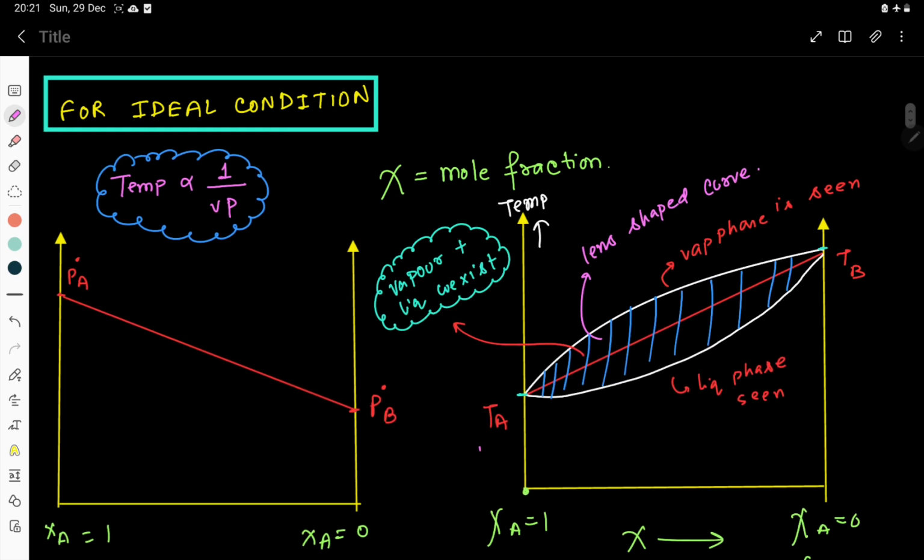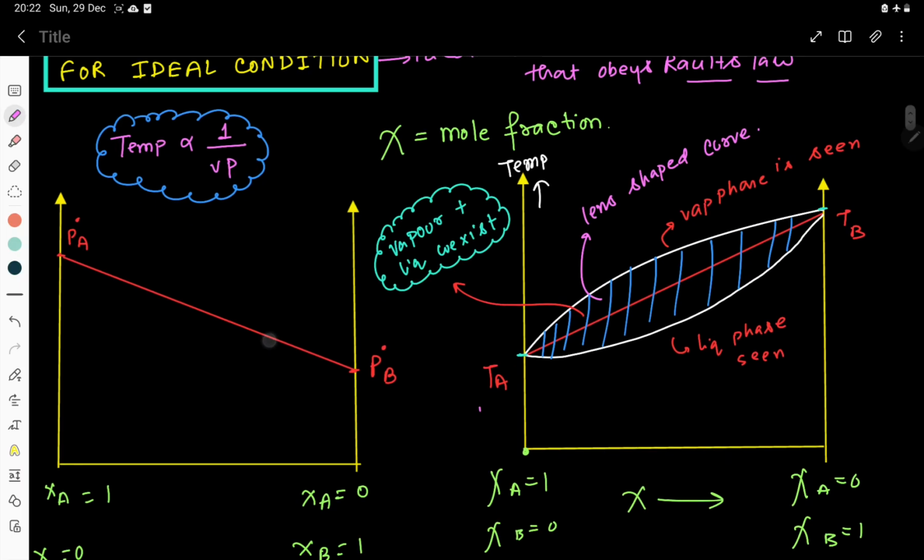Now, for ideal solution, we know ideal solution is a solution that obeys Raoult's law. From our junior classes, we know the graph of ideal solution will be like this.